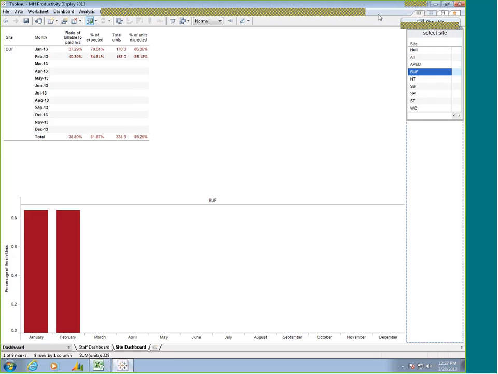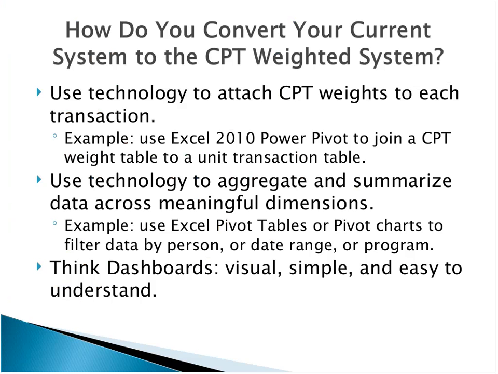I only show you that example because one of the things you really need to start thinking about, if you're not already doing that, and we've talked about this, is simple, straightforward, easy, visual ways for people to take a look at where they are, where they're going, and what they need to do. So, a couple of the simple tools out there: Excel has tools that you can really put into play to do this.